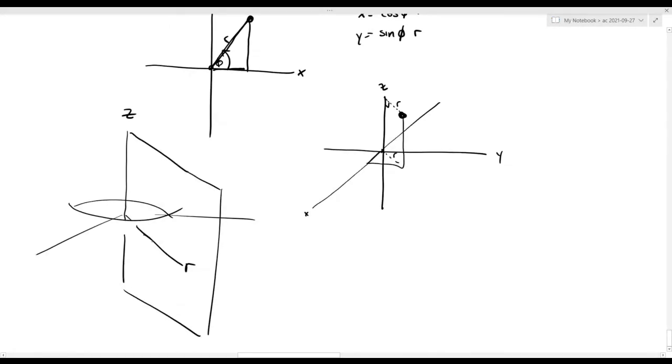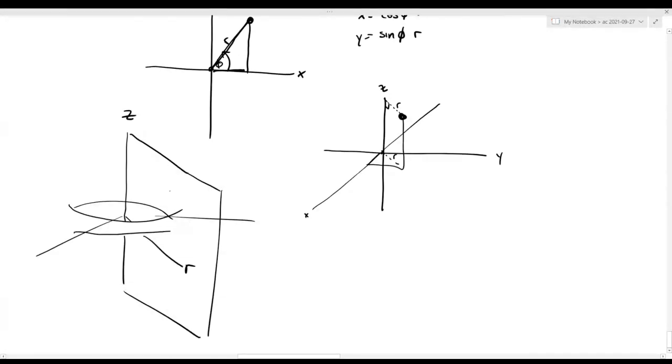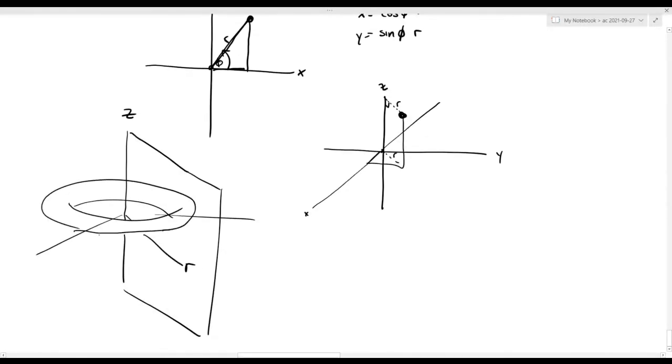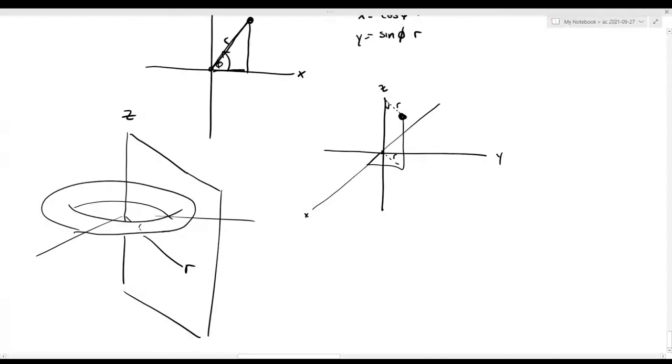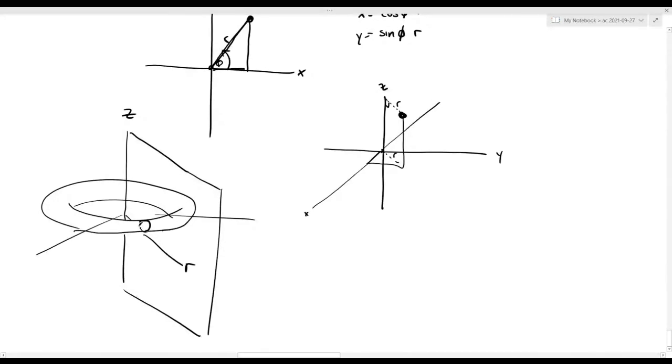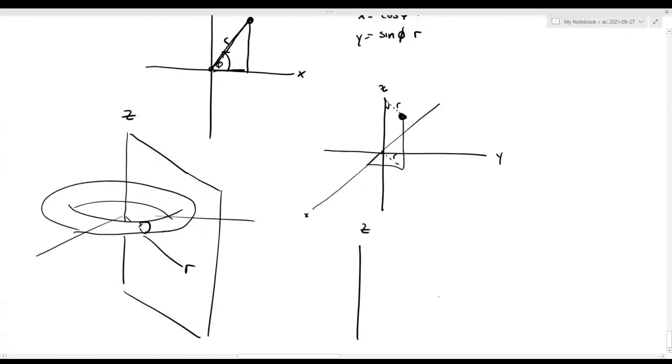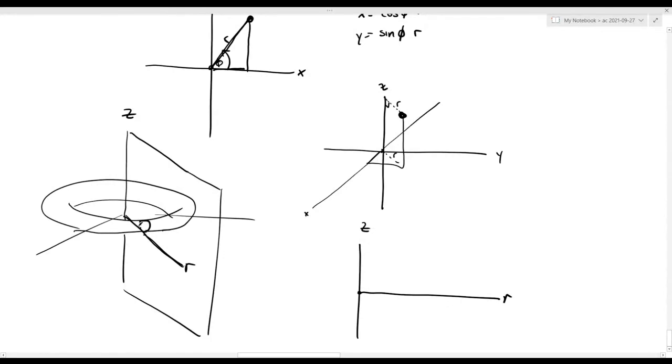Oh man, I lost my donut. Well, I guess that'll have to do. Okay. You cut that with a plane and you just get a circle. You're cutting your donut. And so what that would look like is you have the z-axis, and then you have the r-axis, if you will. And you have a circle.